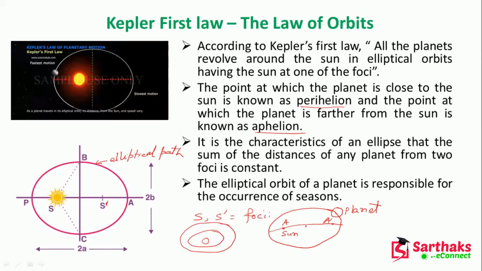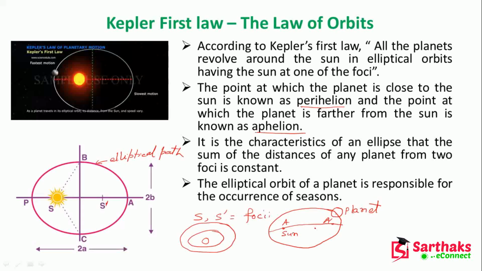So in Kepler's first law, what we have studied is that all the planets revolve around the sun in elliptical orbit, with the sun situated at one of the foci, right? So in Kepler's first law, two points are very important.